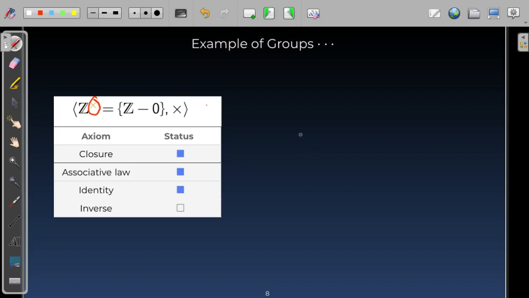Okay, so if you multiply two integers, you are going to get an integer, so closure is satisfied, the associative law is going to be there, and the identity element is there. 1 is the multiplicative identity, since A times 1 is equal to A. But an inverse doesn't exist for every element.